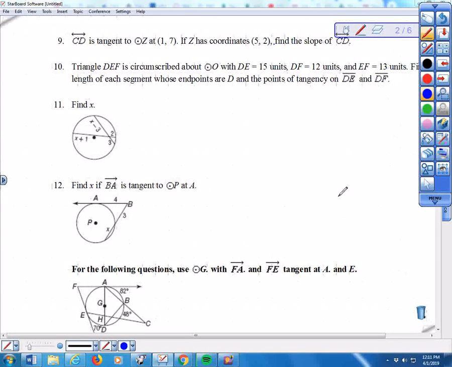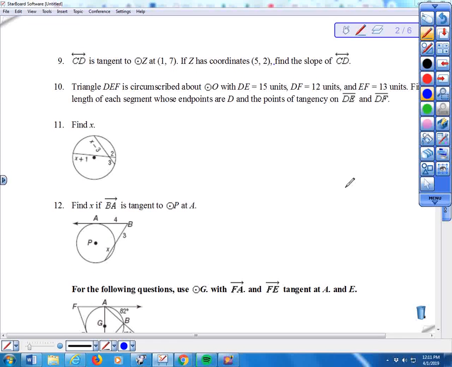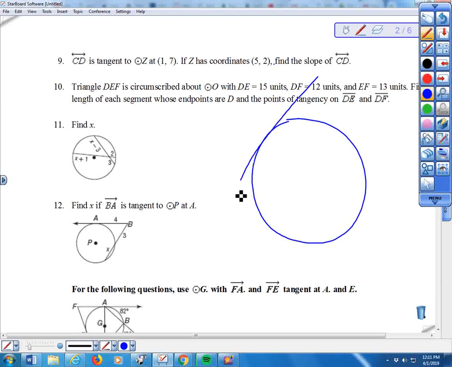Triangle DEF is circumscribed about circle O. So let's see if I can draw this. D, E, F. DE is 15 units.